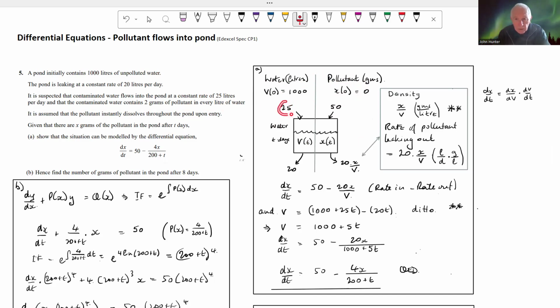If there's 25 liters per day going in, with 2 grams for every litre of water, then there's 50 grams of pollutant going in. Here's our 20 litres coming out. The tricky thing here is that we've actually got grams of pollutant leaking out, but that's not so obvious to see.